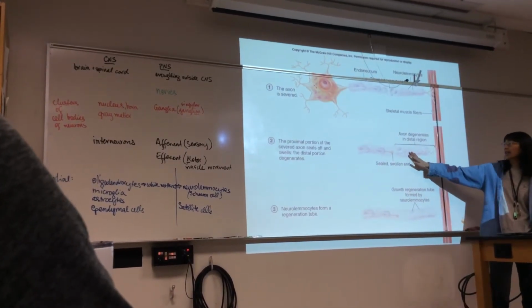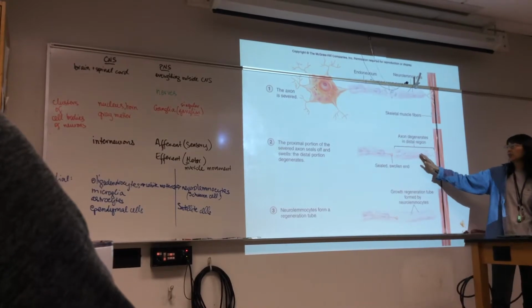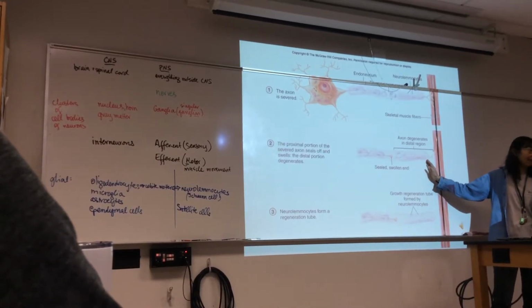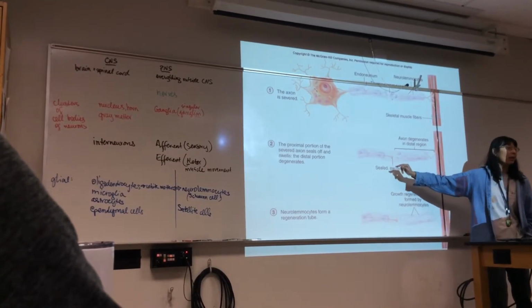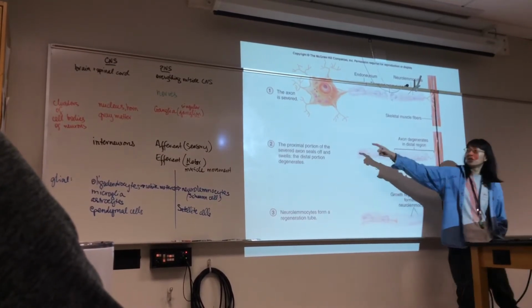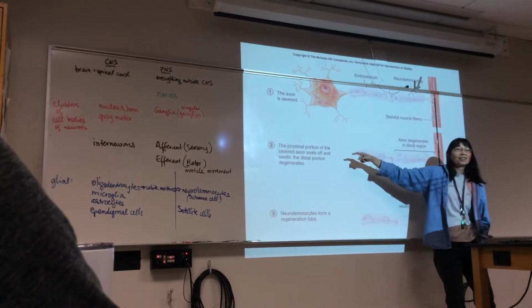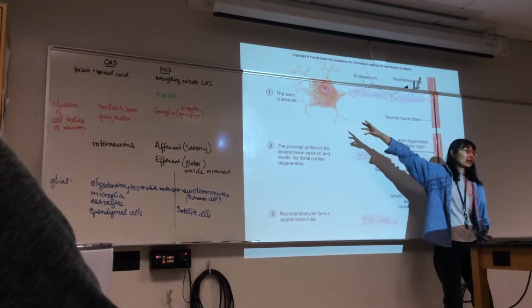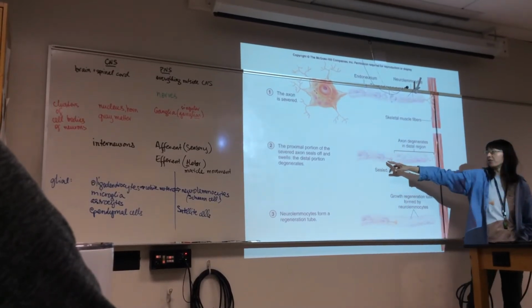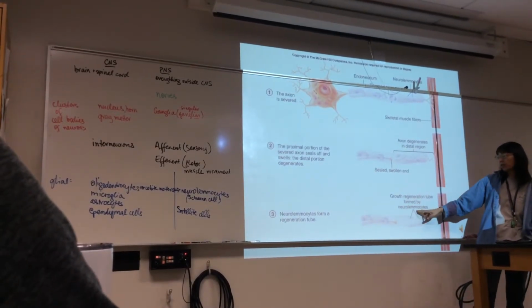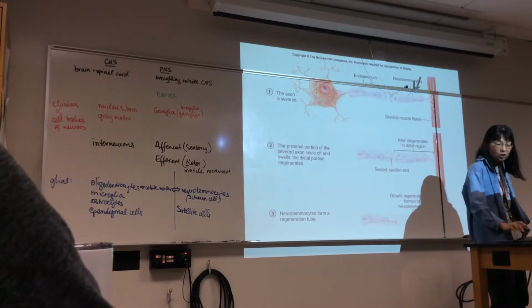So the part that got cut distally, which is downstream from there, is going to die. But this part is still alive. Where's the cell body? Over there, right? Is the cell body intact? You think it can survive? And it's going to grow. It's going to grow if the neurolemmocyte provides that regeneration tube.